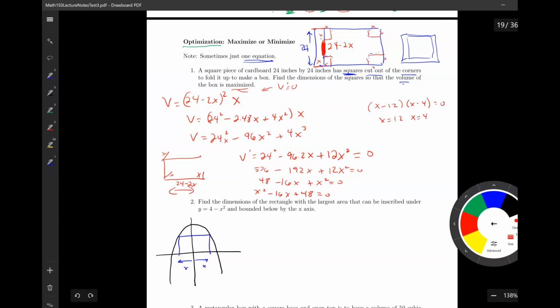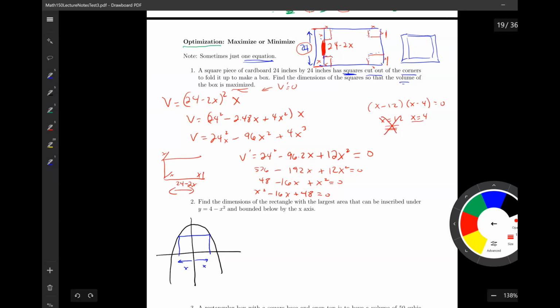Okay, so we don't usually get two answers. So let's think about each of those answers. If I fold up x equals 12, if I use the distance of 12 to fold up, wait a minute, the whole thing is 24 inches long, there would be no box. So that answer gets eliminated.